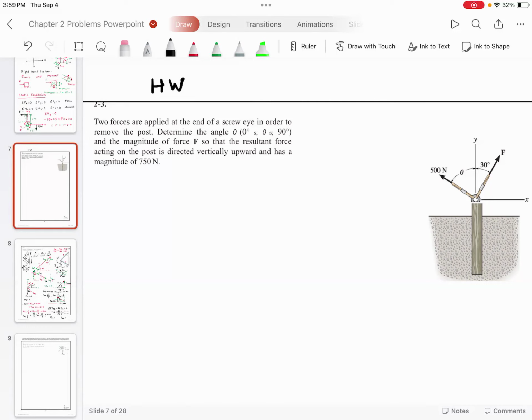Again, remember, there are three forces involved. So you can solve this problem using summation of forces in x and y equal to 0, or you can solve this same problem using the triangle equation that we got. Everyone understood this? If you solve this problem by both techniques, your answer will be the same. So this is your homework problem.